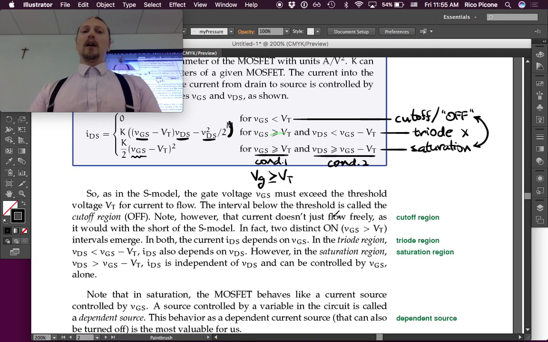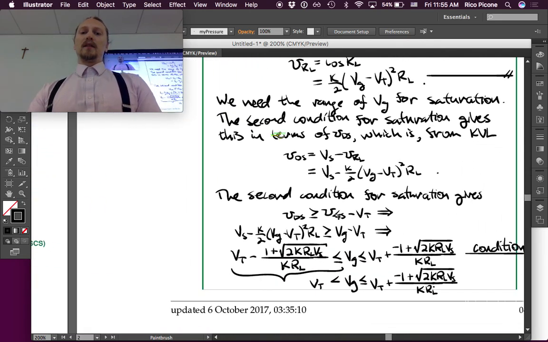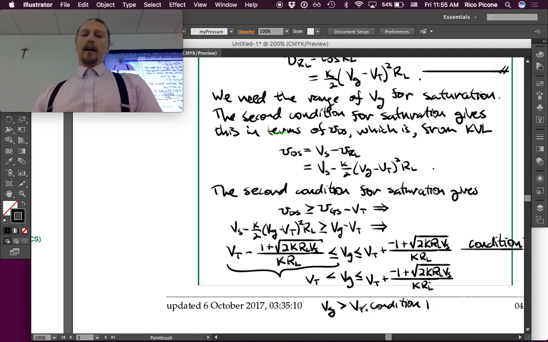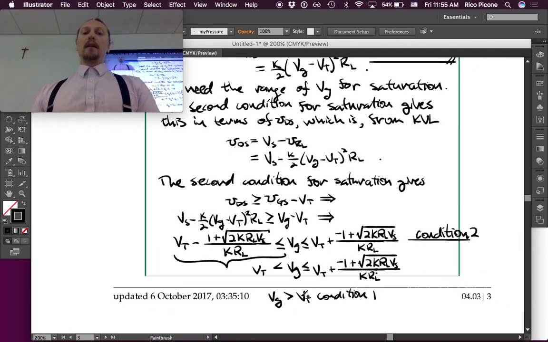Condition 1 is that VG has to be greater than VT. They both have to be true, so condition 1 and condition 2 have to be true. Condition 2 is true for this expression, and condition 1 is true for this expression.